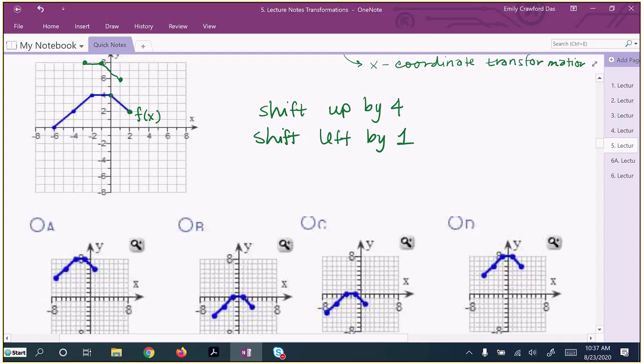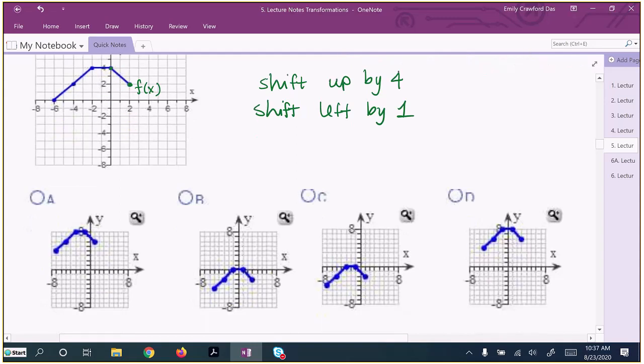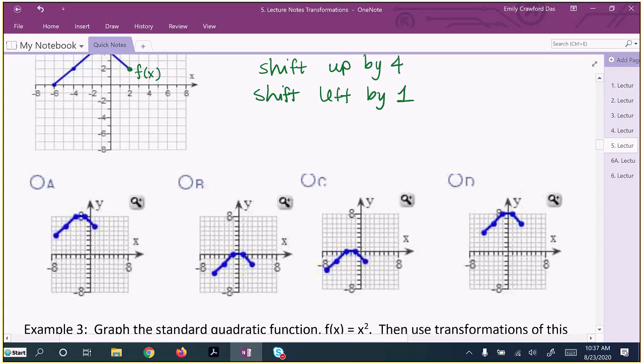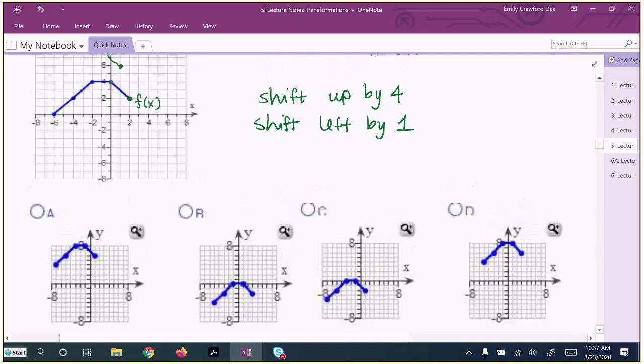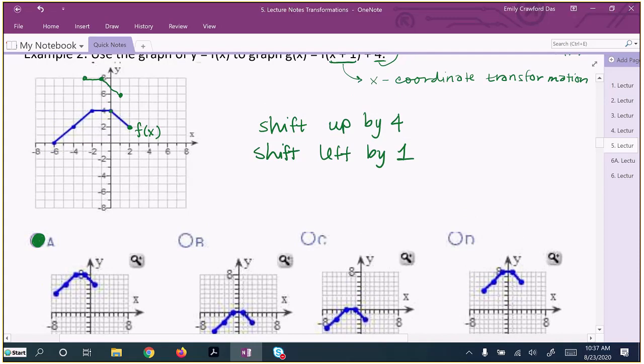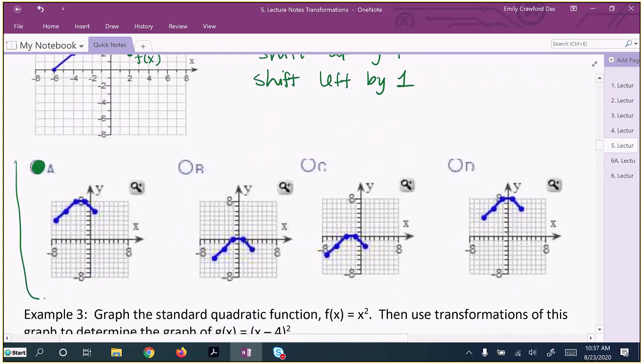I know these graphs are kind of small, but this should be, again, it should be A, the correct graph, because I knew that it was shifted up by 4. That would help me narrow it down to between A and D. And then A is shifted to the left by 1. D is shifted to the right by 1. So I wanted to choose A for this example based on what we discussed above.